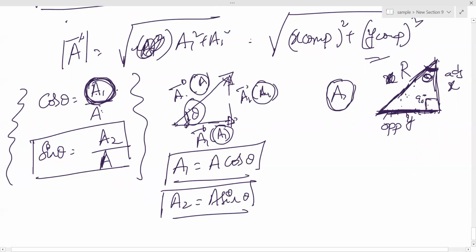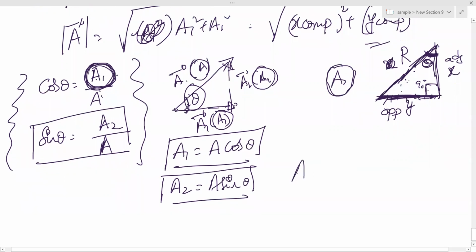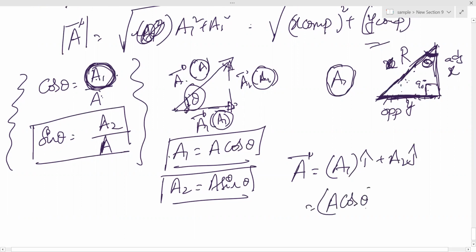Yes, sir. So now carefully observe. I can write A vector as A1 into I cap plus A2 into J cap, right? Now A1 magnitude is A cos theta into I cap plus A sin theta into J cap, right?